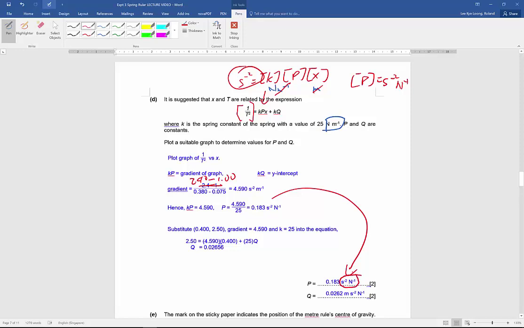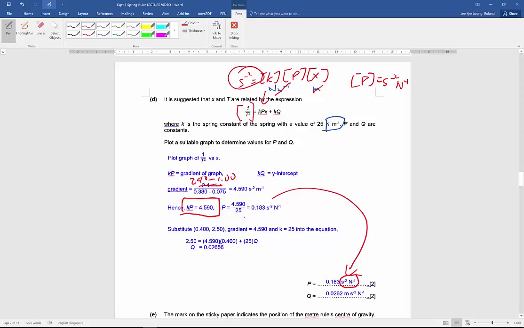Okay, now let's look at the significant figure. So I put my p to 3sf, 0.183. Is it okay? Now how did I calculate this p? I put kp equals to 4.590, so p equals to 4.590 over 25.